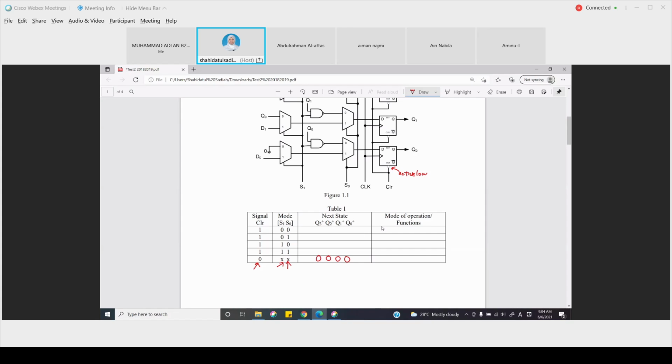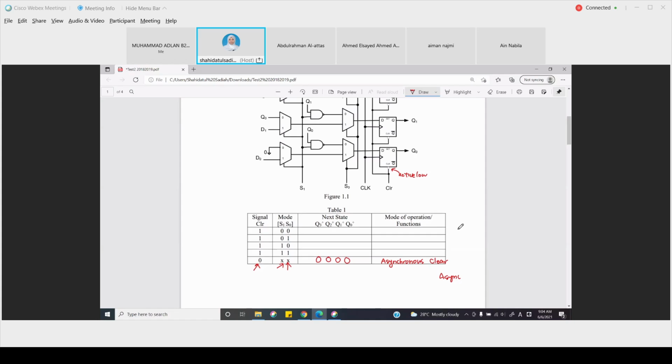So the operation here is asynchronous clear. In the test, if you don't know how to spell asynchronous, just write async. I would understand that. Don't waste your time looking up how to spell it.